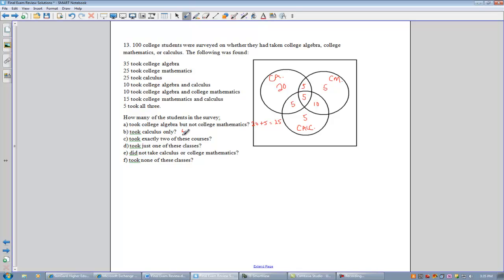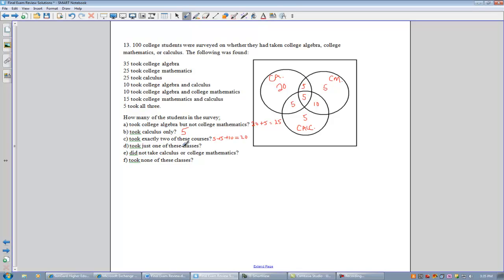So I have 5. Took exactly 2 of these courses, and exactly, it's just this number and that number and this number, not the 5 in the middle. So 5 plus 10, which is 20, right? So 5 plus 10, which equals 20.